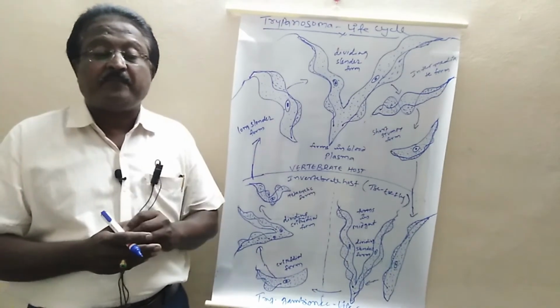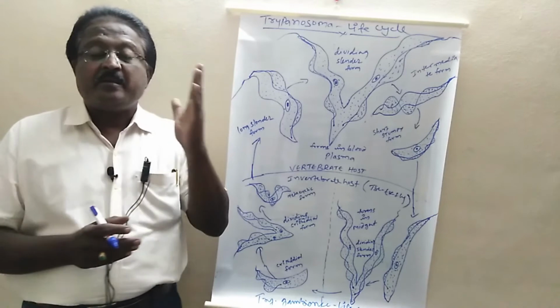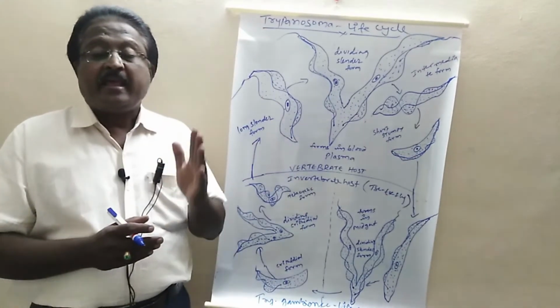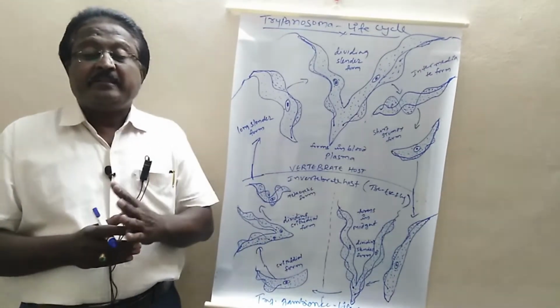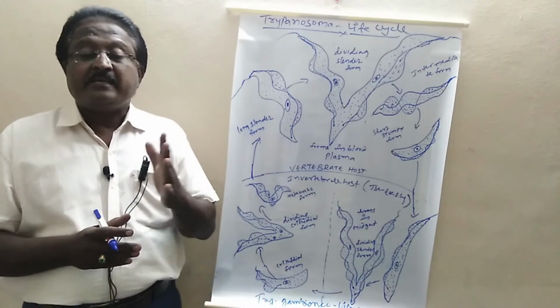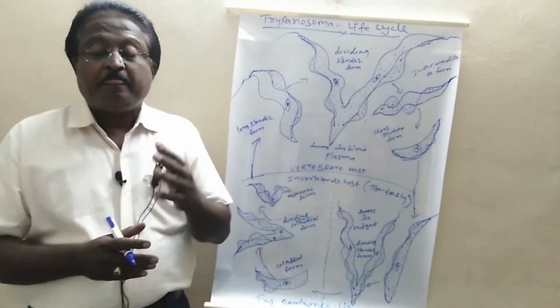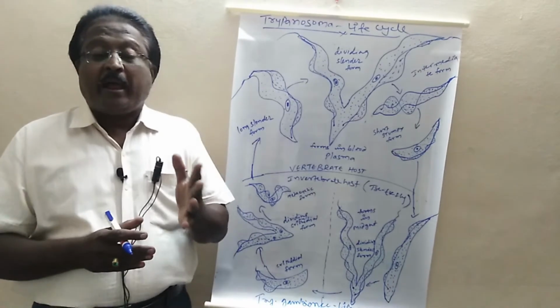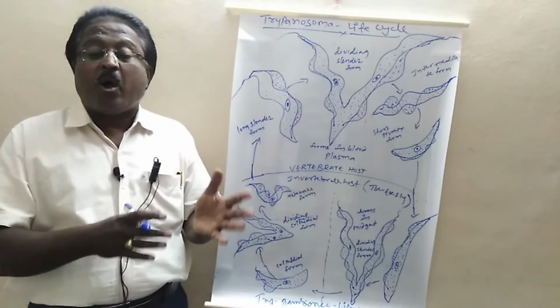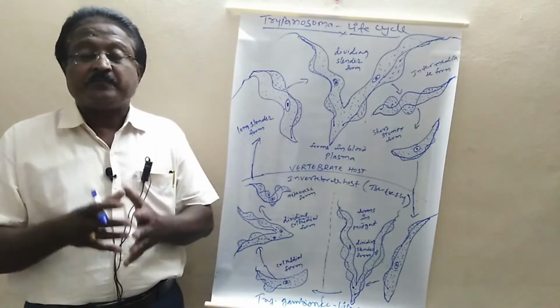The trypanosoma enters the blood circulation directly. It feeds, grows and develops into long slender forms.